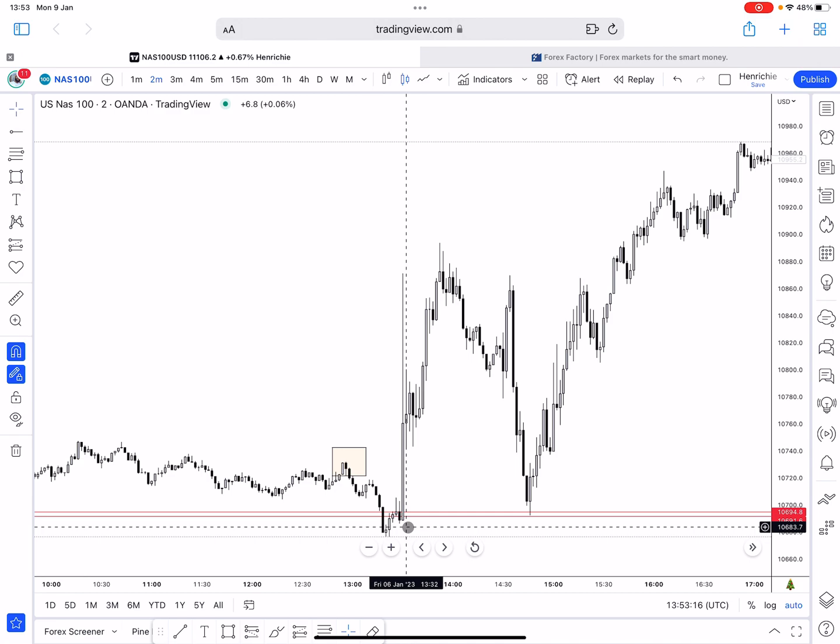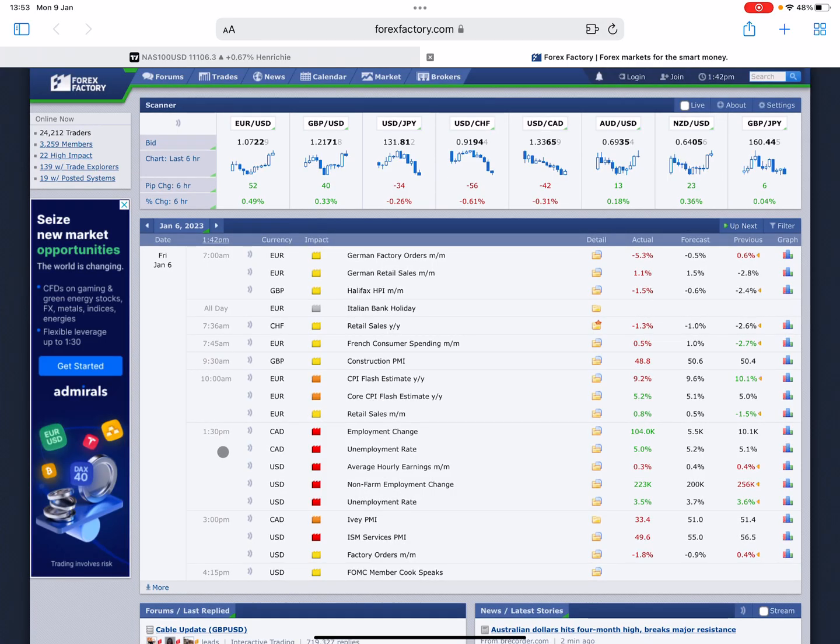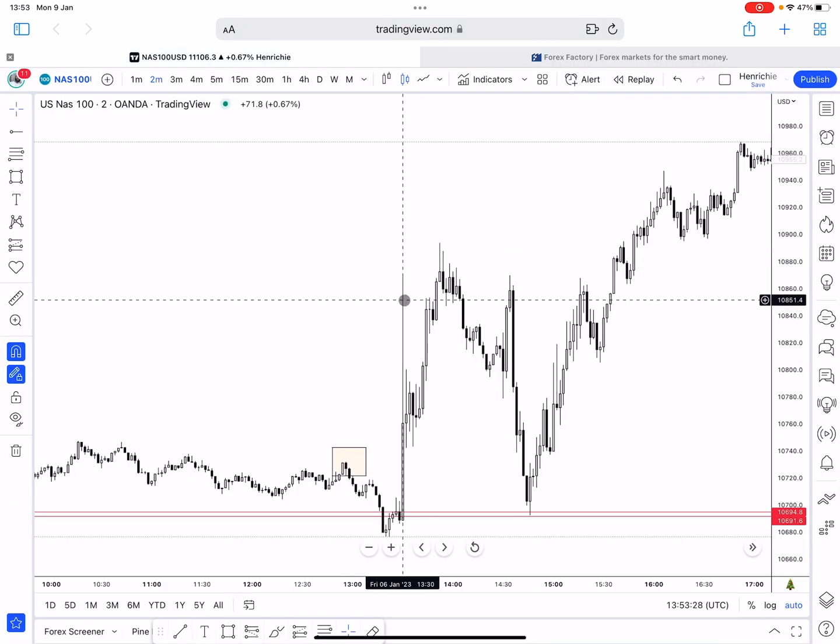And you can see right here, this candle right here was at 1:30 after the news. As you can see here, the news was at 1:30 p.m. And you can see this candle that broke structure, the 2 minute structure that shifted from bearish to bullish, was at 1:30 p.m. as well.